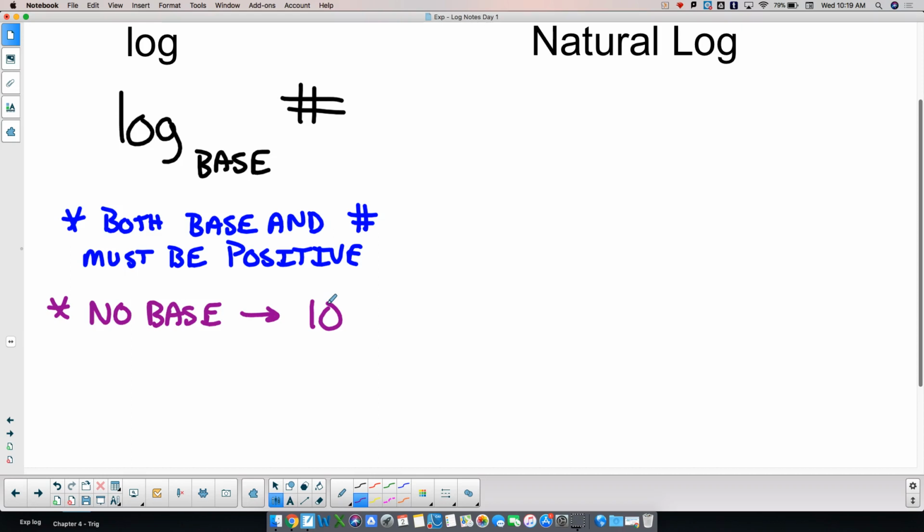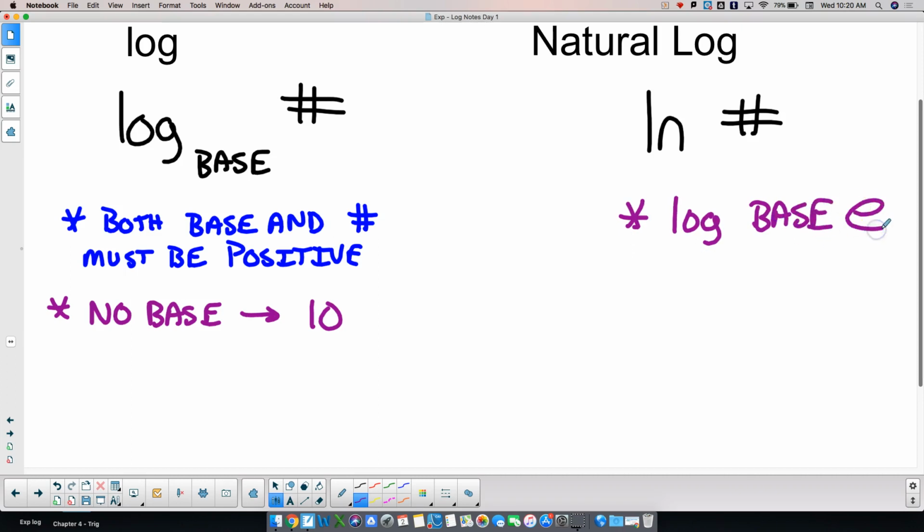The other kind of log is something called a natural log. Natural logs do not have bases because the base is E. It's log base E, which is natural log.